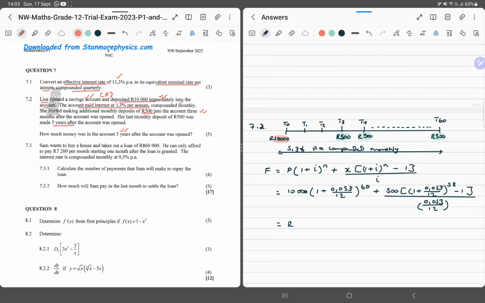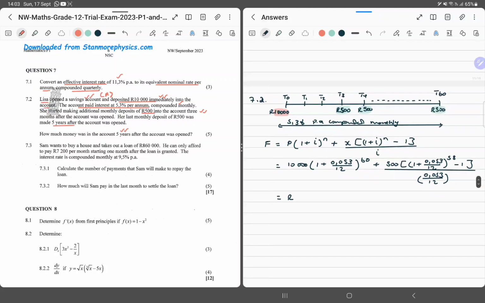Sometimes when something doesn't make sense, you just have to double check it. 0.053 divided by 12. And if it is what it is, then it is what it is. It's small, 5 years.